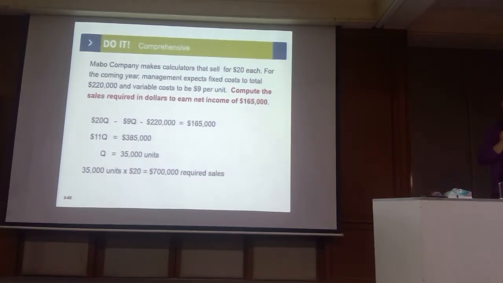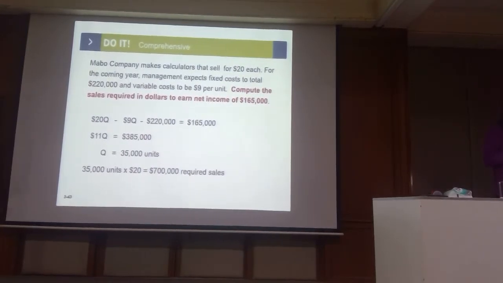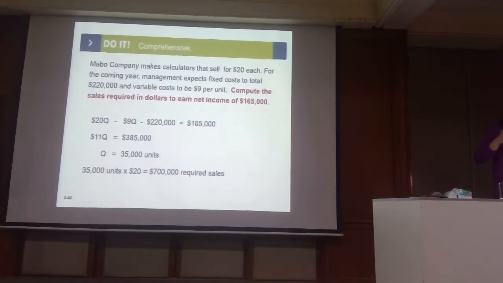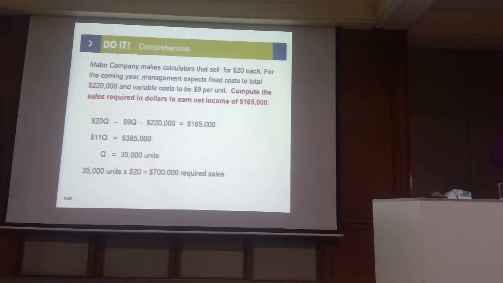So that's it for today, okay? The purpose for today is to learn how to compute the break-even point. We can use the mathematical equation, we can use the contribution margin, and we can use the graph, right? After we know the break-even point for our company, we move on, right? We'd better earn some profit.